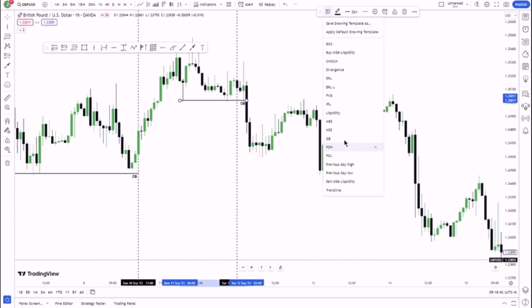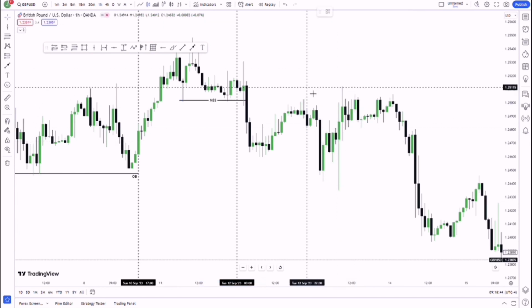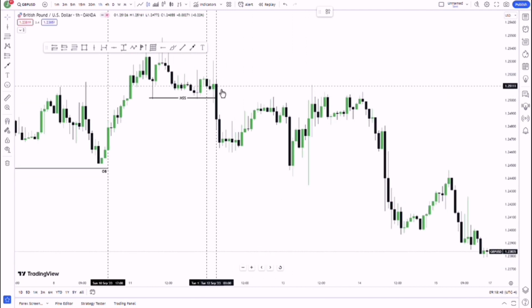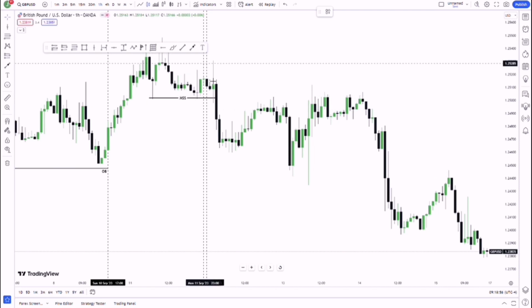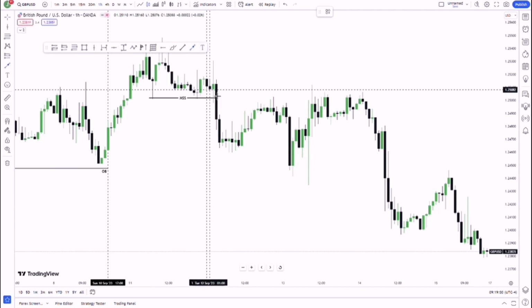It's a market structure shift. It displaces to the downside. Then we had a fair value gap over here, but we also have an order block over here.